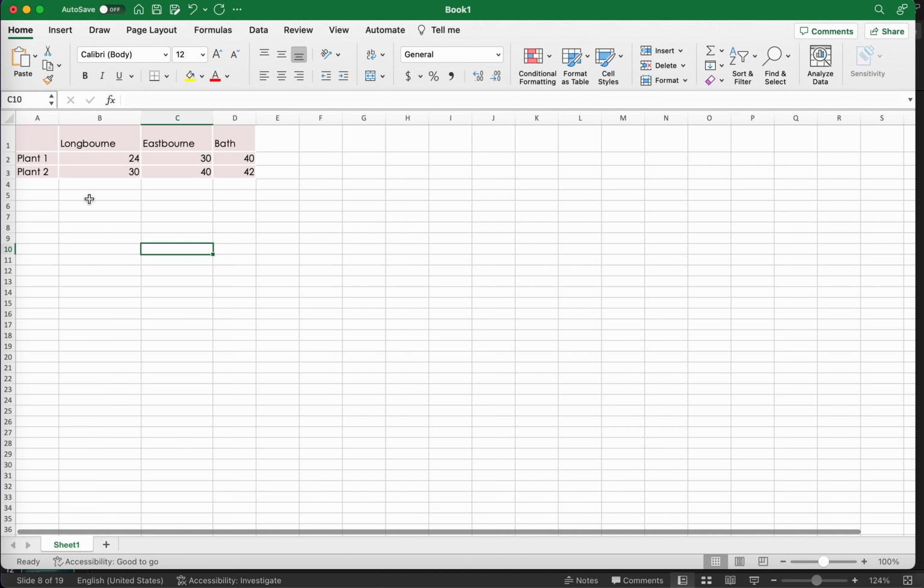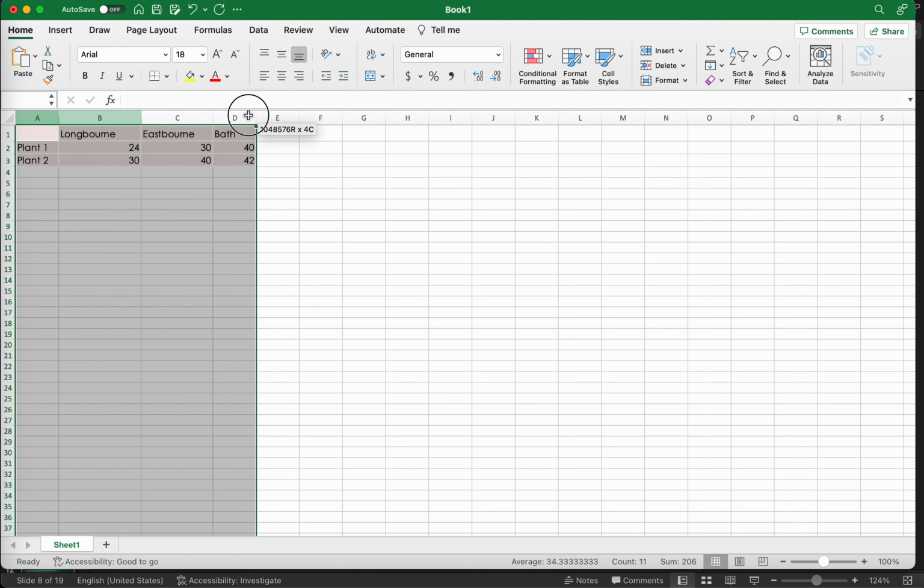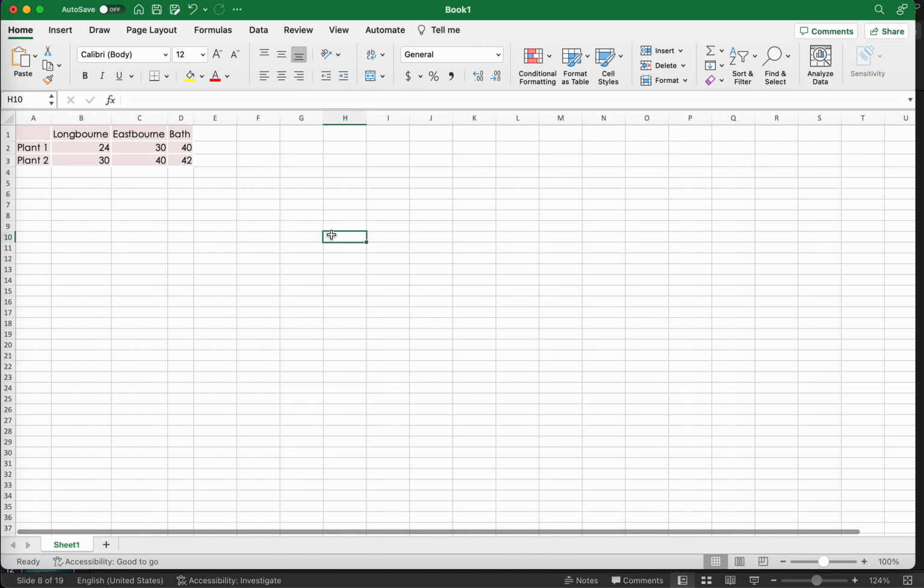Okay, we have Longbourn, Eastbourne, and Bath. So these are the cost values. So the way you set it up is you first always start with the cost values. Don't want them to have text values.